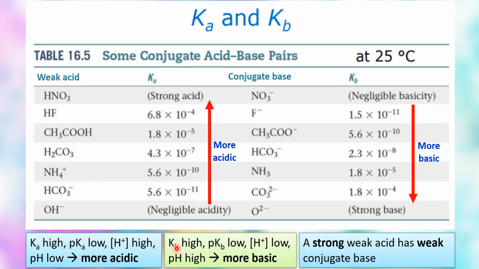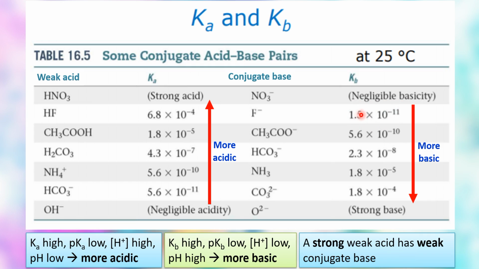When Kb is high, pKb becomes low, the concentration of OH minus increases, the concentration of H plus is low, the pH is high and it becomes more basic. The Kb value for F minus is the lowest, so it becomes the weaker base.